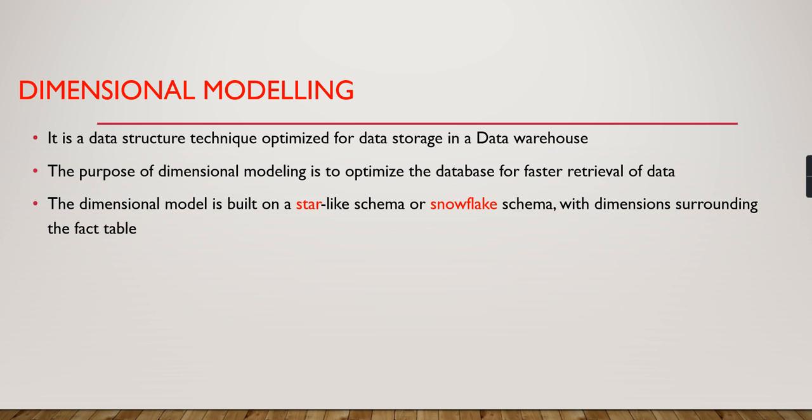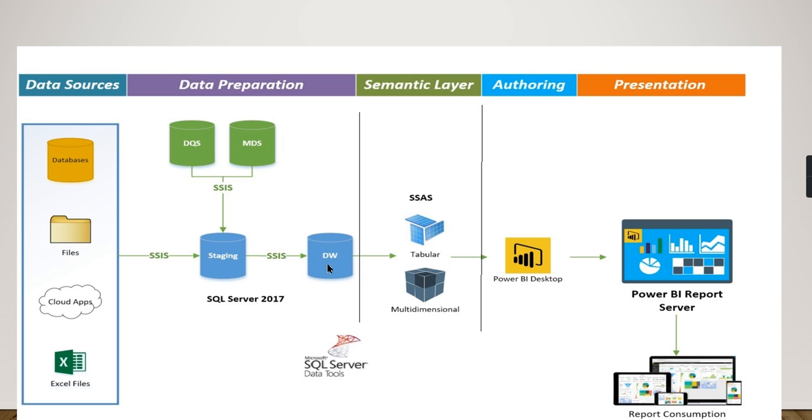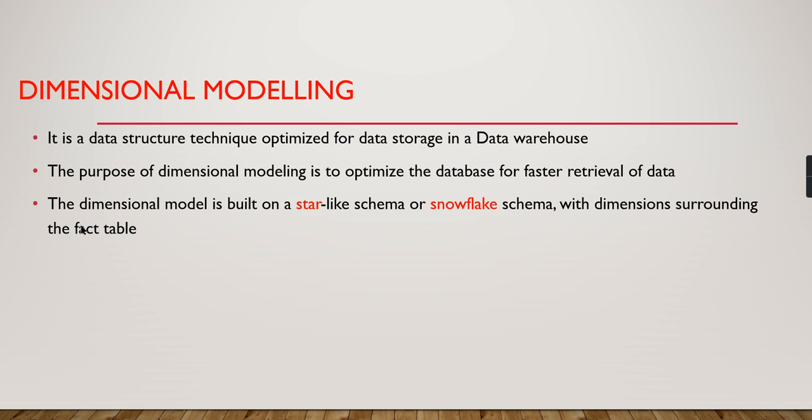As we have already seen, why we need a data warehouse: it should be available for quick response to queries. The data warehouse is meant for reporting, so queries should be faster, whereas your source application should be optimized for inserts so your business process flows. So a dimensional model is built.